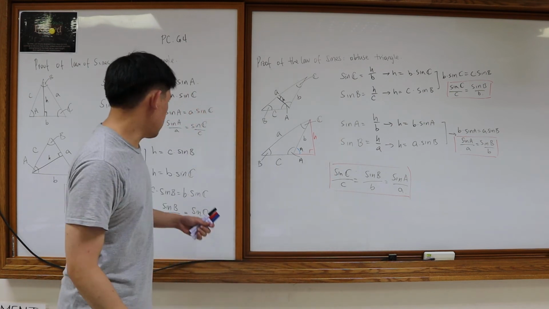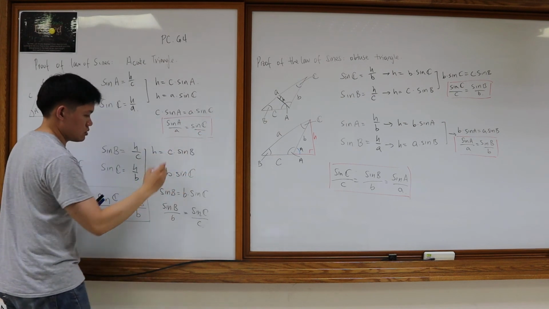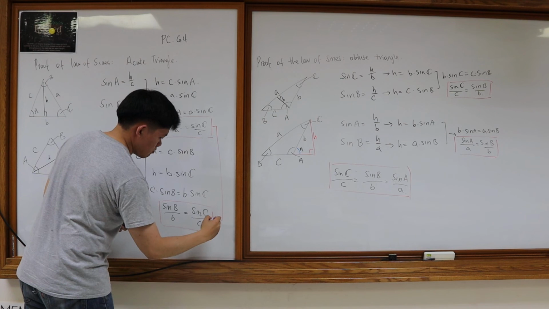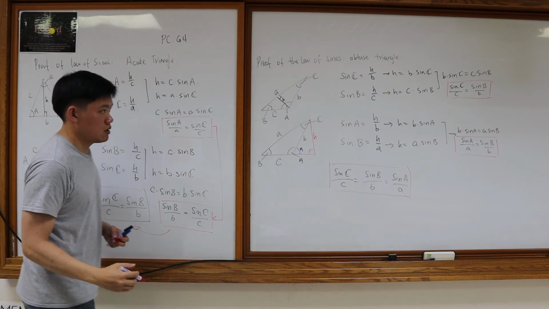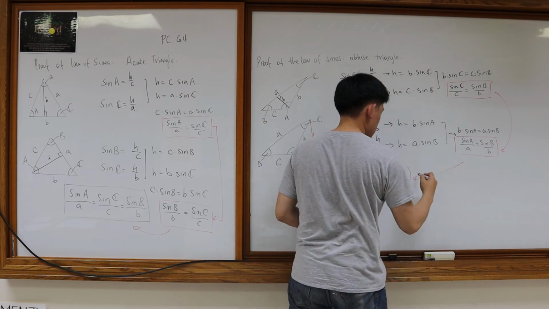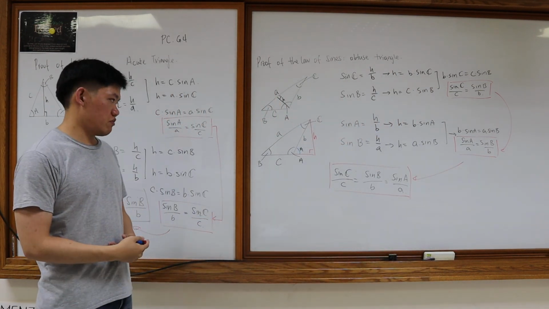So putting everything together, let me just finish this up. We have this relationship and we have this relationship, so combining these two gives us this one. It should be pretty intuitive how we find this.